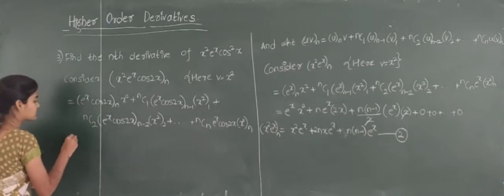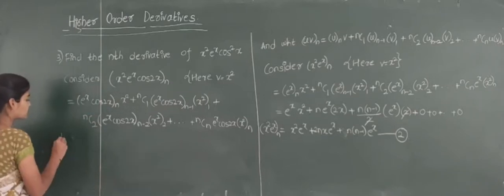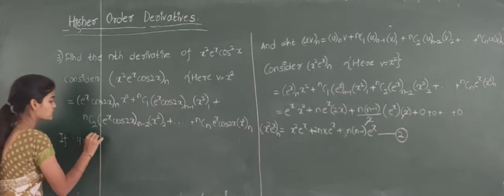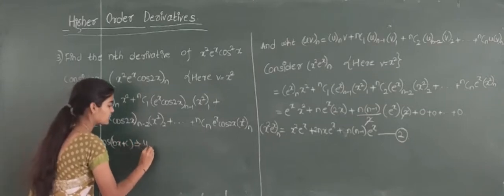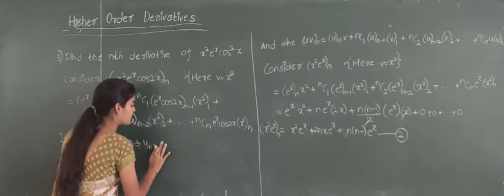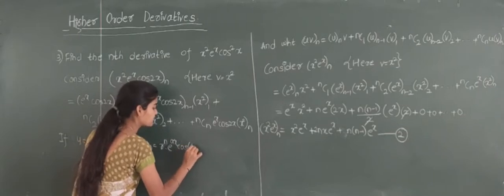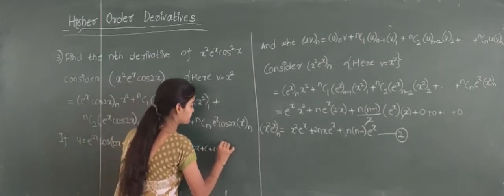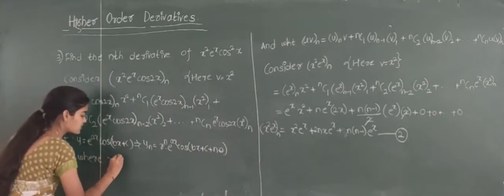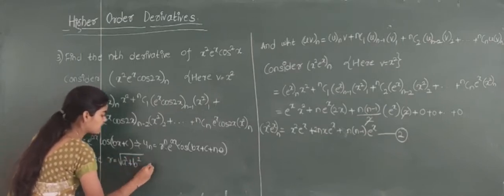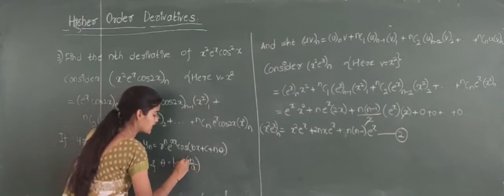Yes, I will first write it directly, that is e raised to ax cos bx plus c, its nth derivative, or else first we will take that formula, that is if y is equal to e raised to ax cos bx plus c, then that implies yn is what? r raised to n e raised to ax cos bx plus c plus n theta, where, yes, r value and theta value we have to mention. r is the square root of a square plus b square and theta is tan inverse b by a.